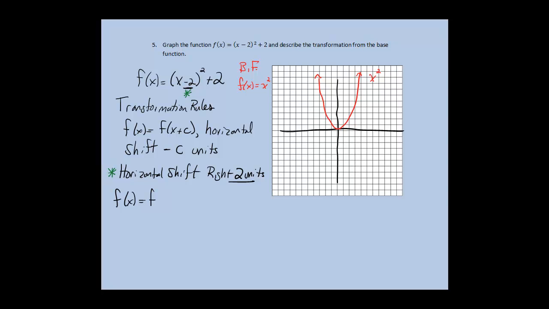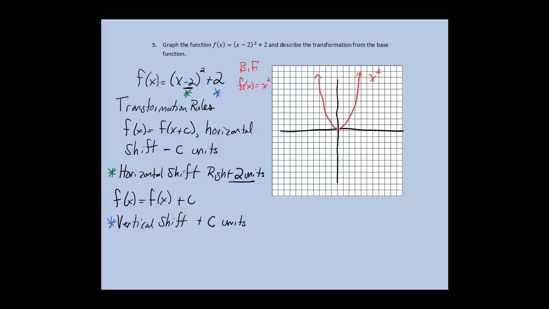If you have f of x equaling f of x plus a constant, so the constant is no longer attached to the functional value of the x plus c, now it's off to the side, now you're going to have a vertical shift positive c units. I'll do that in blue. So this will indicate this rule, and this will correspond to this 2 over here.